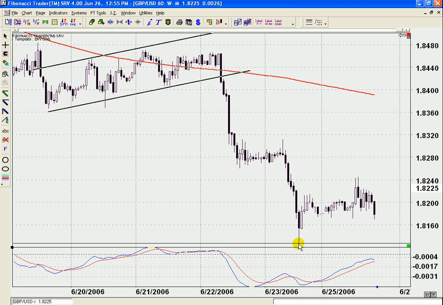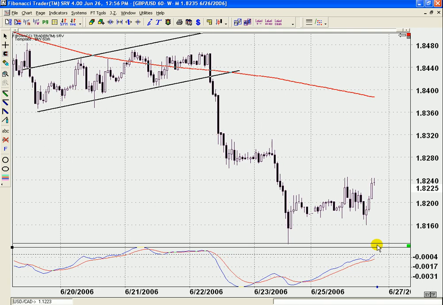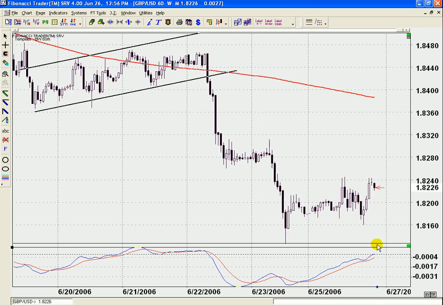Furthermore, if this comes down to test this level, then I'd be even more interested in taking a long here. If it comes down and tests and shows weakness, then I'd really want to see a long at this stage.